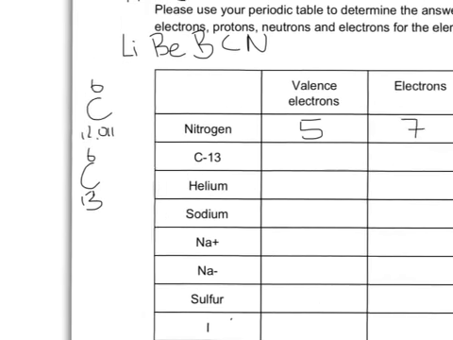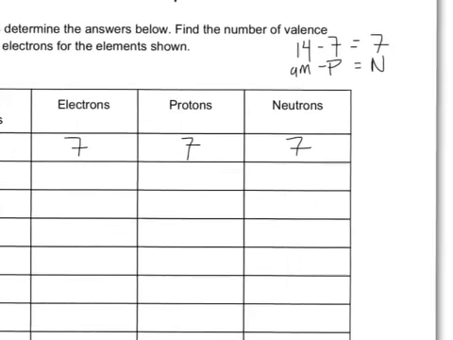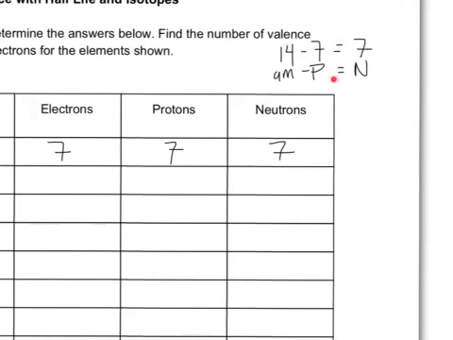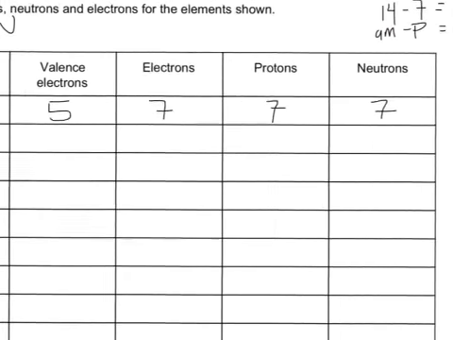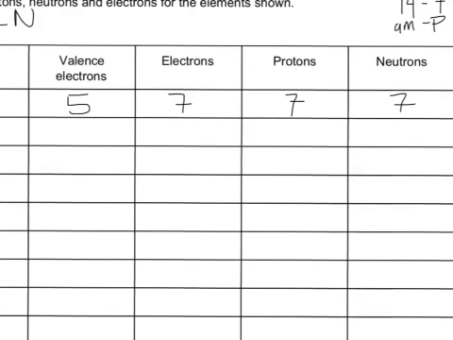Atomic mass minus protons equals neutrons, just as we did up here. So for C13, we have 6 protons, 7 neutrons, and because it is not an ion, the number of electrons will be the same as the number of protons. So that is 6.